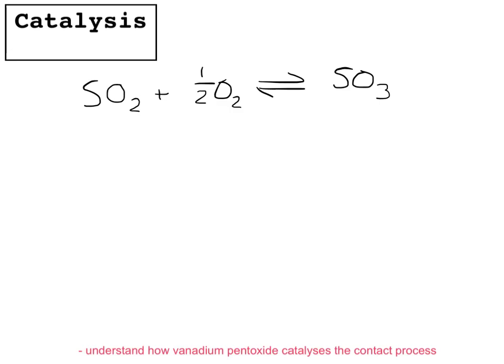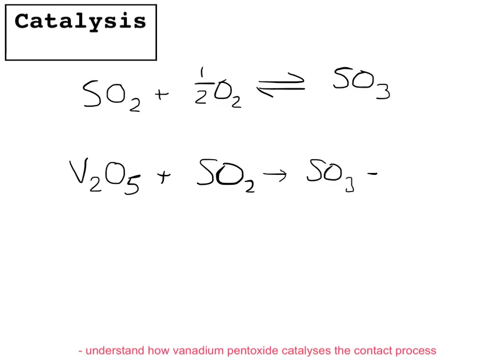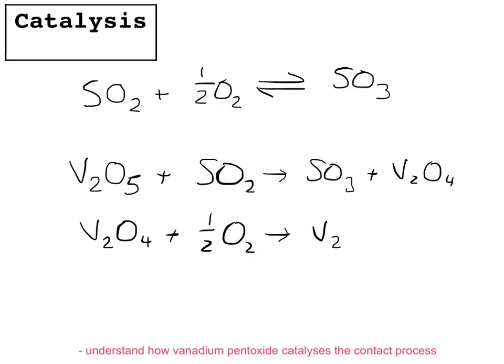And the catalyst that's used is V2O5. So the V2O5 in the two catalyst equations reacts with the SO2 to form SO3 plus V2O4, and then the V2O4 reacts with oxygen to form V2O5. So that's one pair of equations that you need to know for your exam.